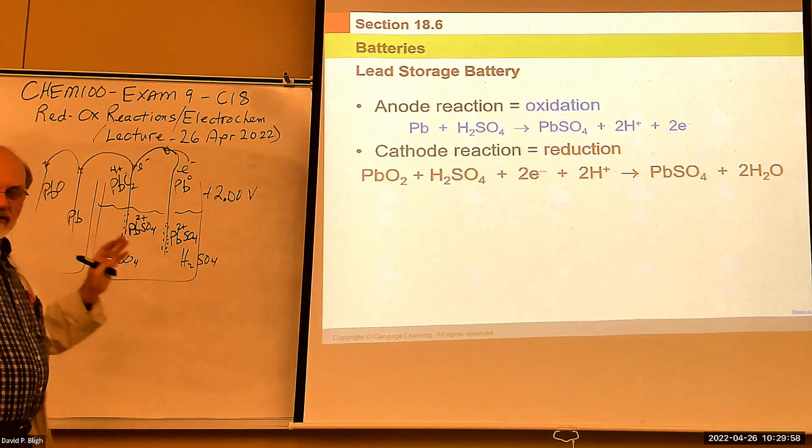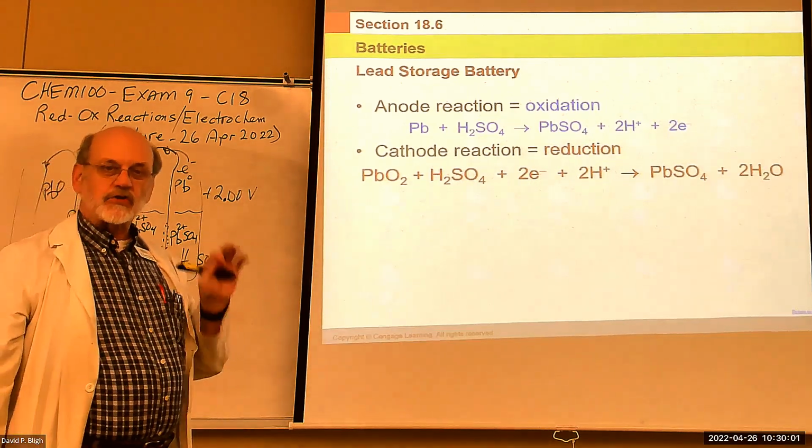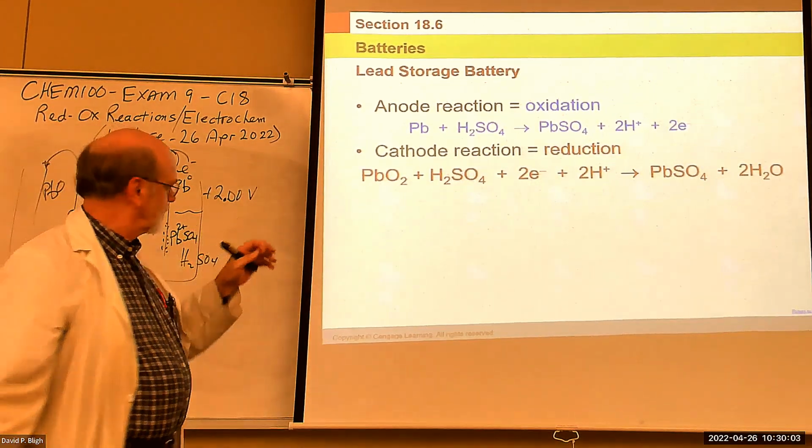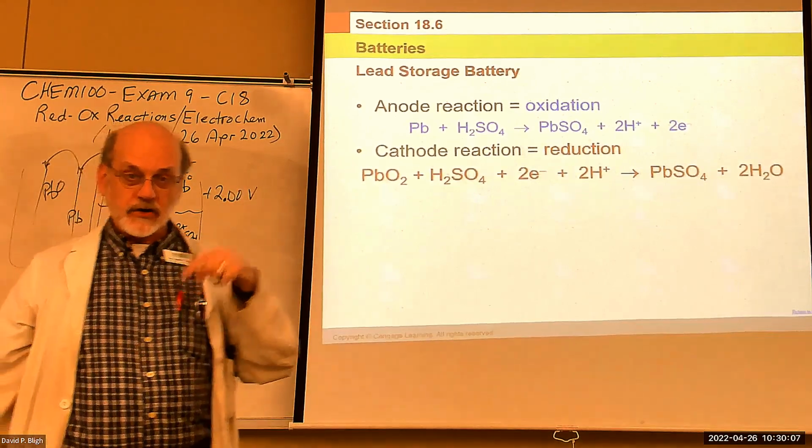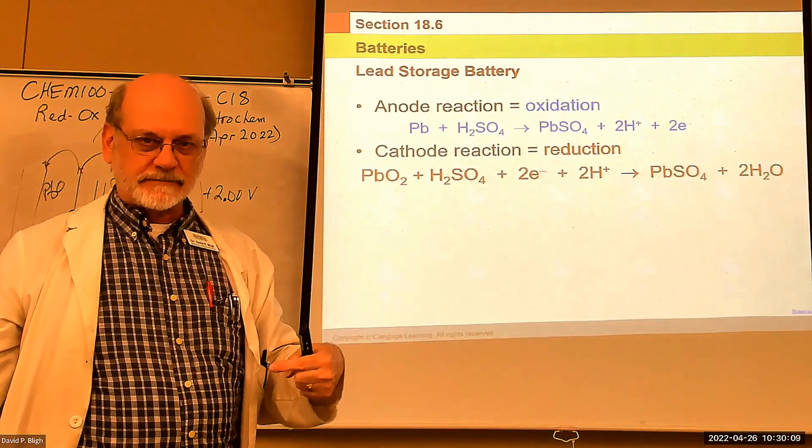So there's 1 cell, 2 cells, you need 4 more cells. When you chain the cells together in series, you'll get 6 times 2, which is 12 volts. That's why the battery under your hood is a 12-volt battery.